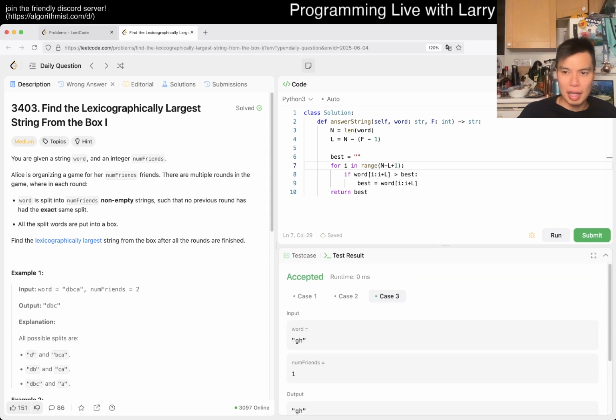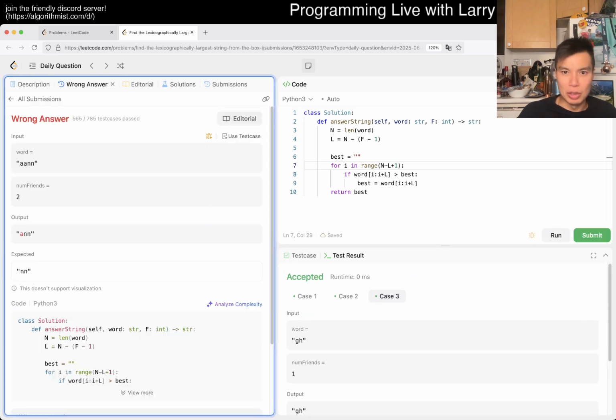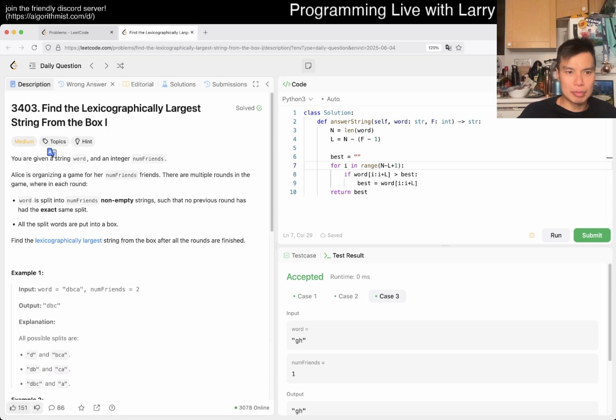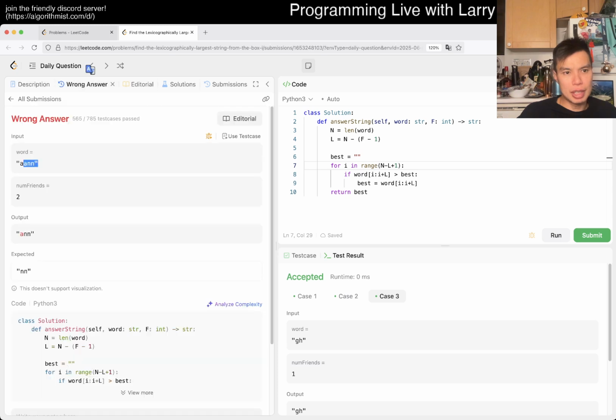Yeah. Still don't think it's fast enough, but I just want to YOLO submit it. Ooh. Man, maybe I don't understand this problem at all. Okay, so you have two friends. First split A, N, N. Why is ANN not the... Did I misunderstand this problem?